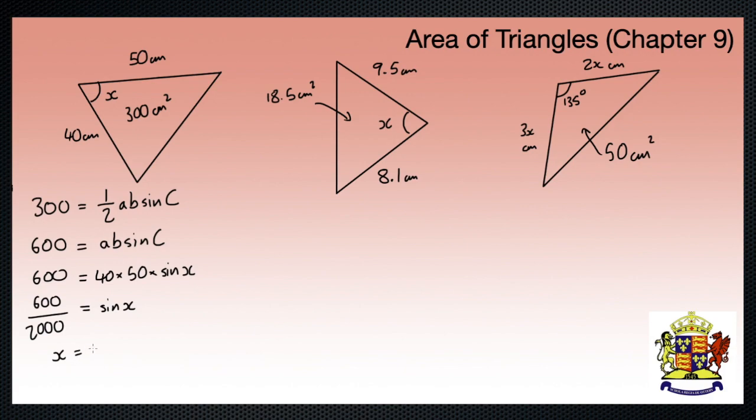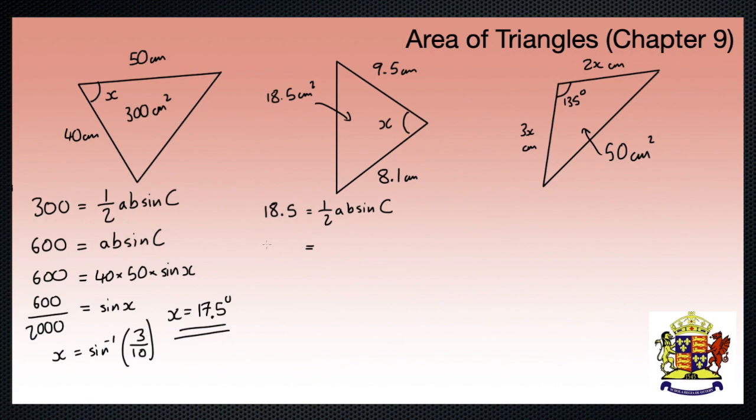So x equals sine to the minus 1 of 3/10. Okay, I'm going to work that out. I get the answer of x equals 17.5 degrees.